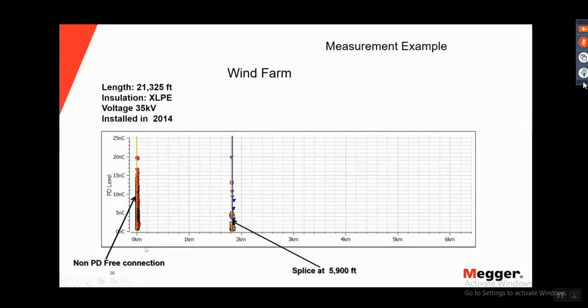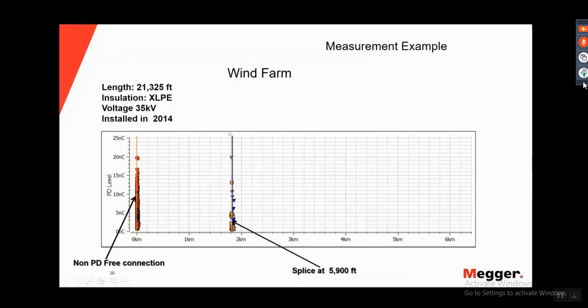In phase A, we have PD activity at the beginning of the cable, and the problem was that we didn't have a PD-free connection. For that reason, it's very important to have a PD-free connection between the cable under test and our high voltage test lead, okay?